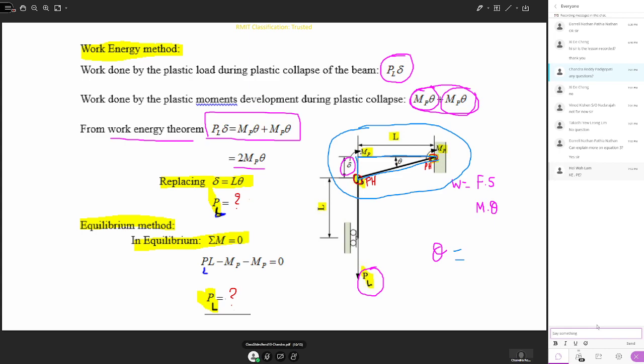This one you must have done many, many times. Okay, tan theta can be written as delta by L, but when theta is small, you can simply write theta is equal to delta over L.